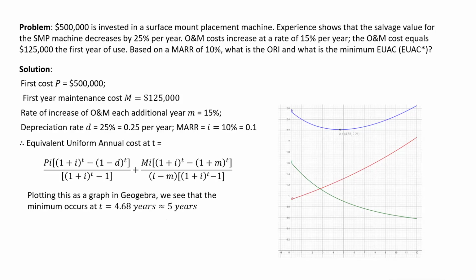And what they get is 5 years. Because they didn't calculate for 4.68. They calculated for t equals 4 years, t equals 5 years, and t equals 6 years. With 4, 5, and 6, they saw that at 5 we have the smallest. And so they go with 5 years.